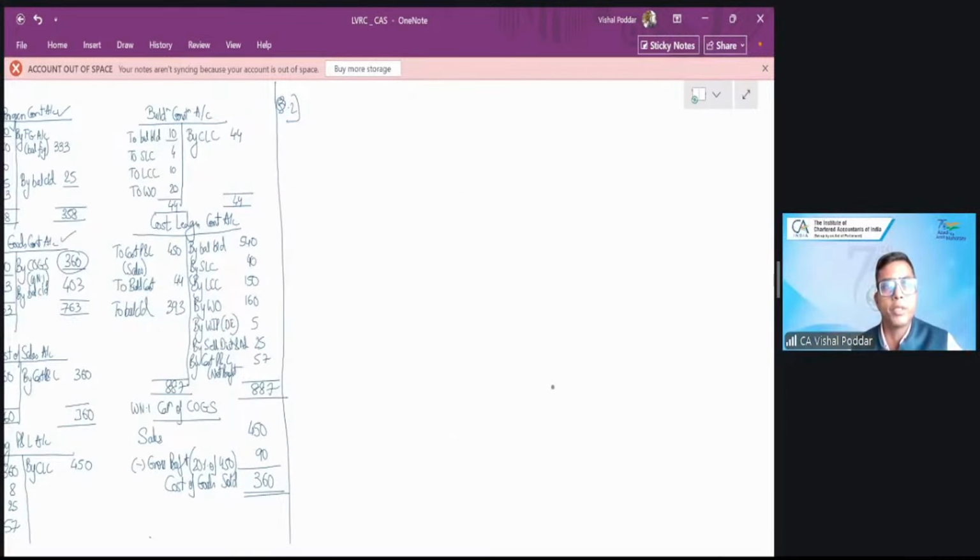So here, since it is a missing figure sum, I will only prepare the accounts which are relevant to us and which are given. So SLC given, WIP given, finished goods given, factory overheads given, creditors for materials given.